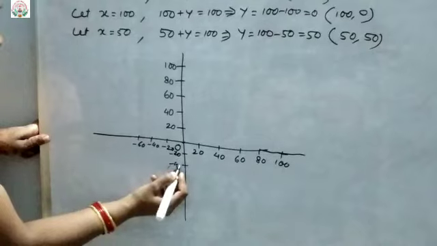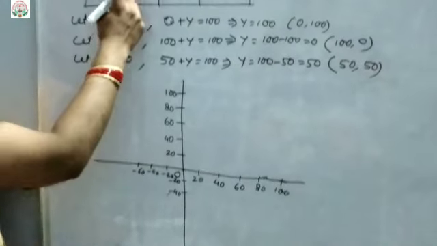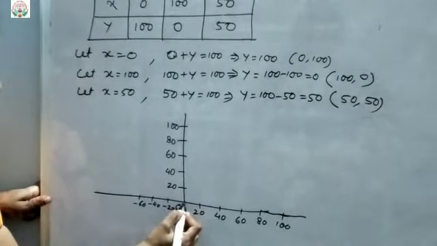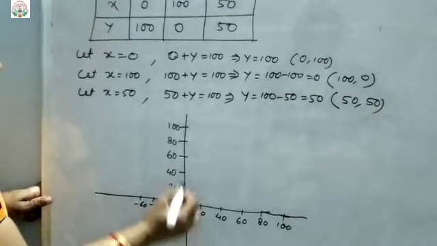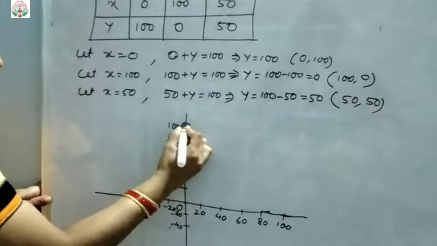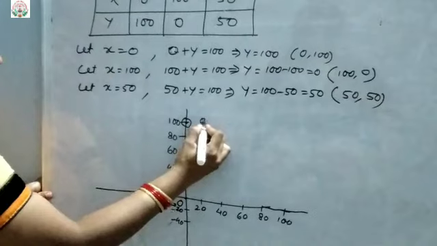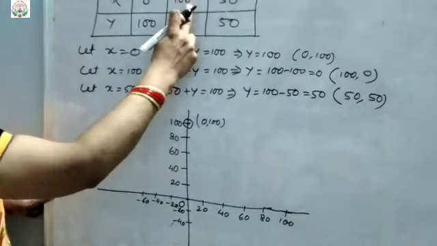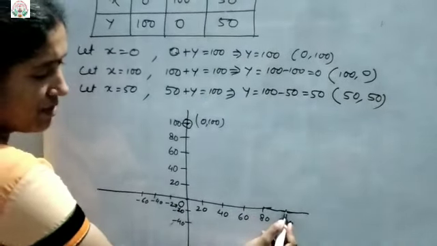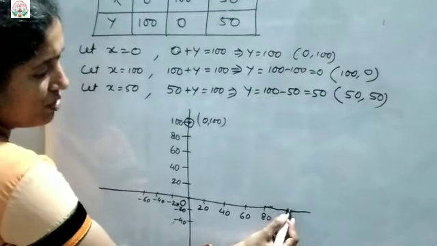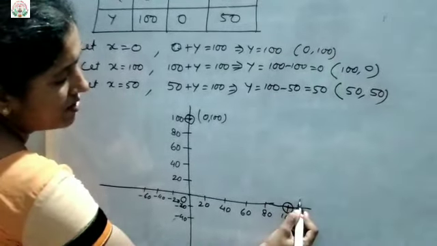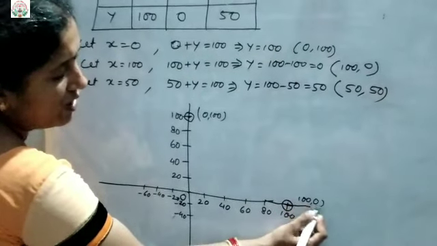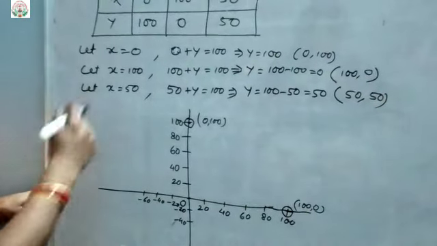Now we will see 0 and 100. When X is 0, Y is 100, so this point I will get, that is 0 and 100. After that, when X is 100, Y is 0, so here that is 100 comma 0. This is one point.